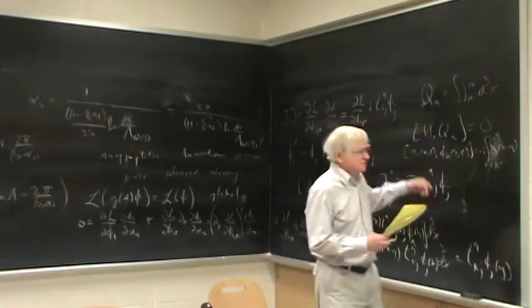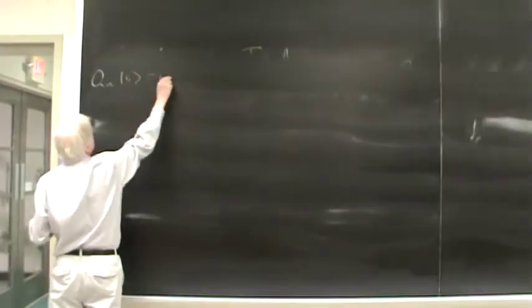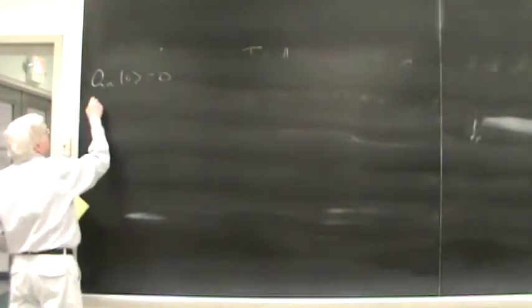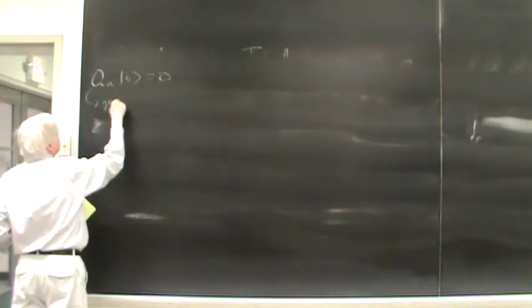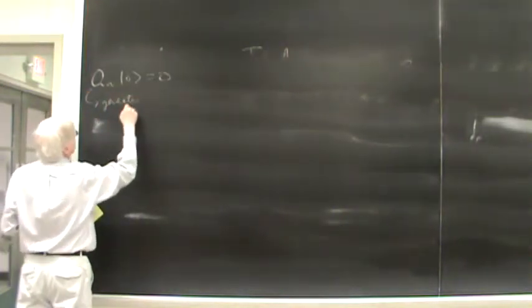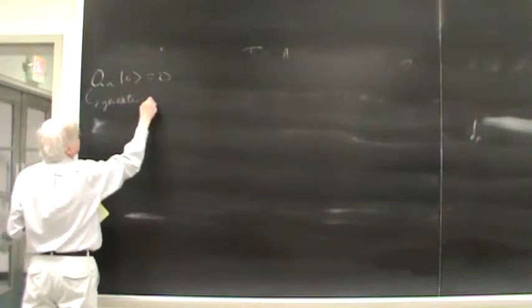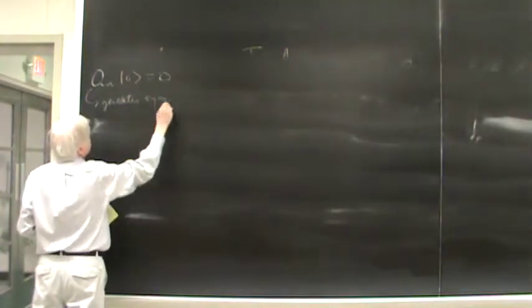In the language of the Q's, what we have is that if we have Q^A on the ground state equal to 0, then this Q^A generates a symmetry that's unbroken.